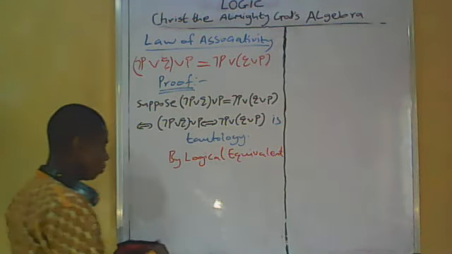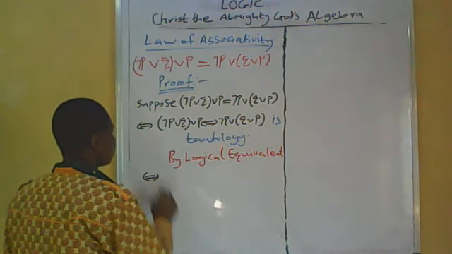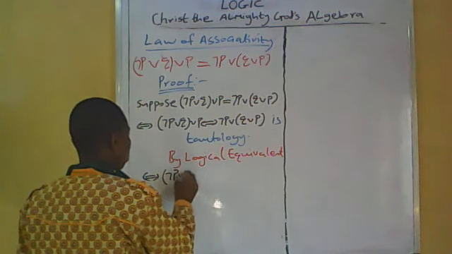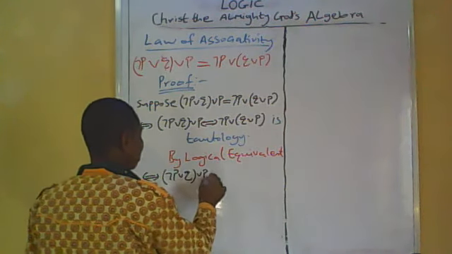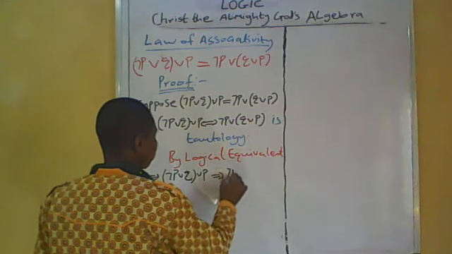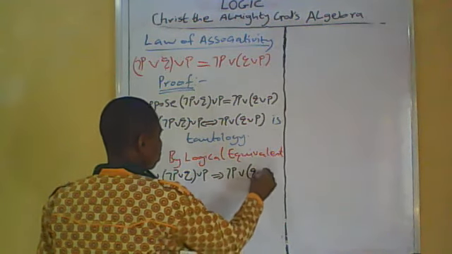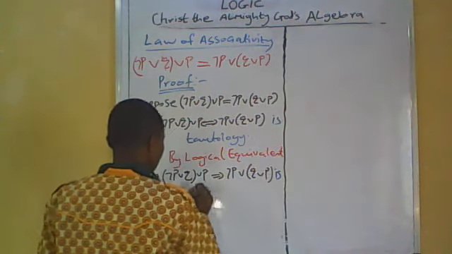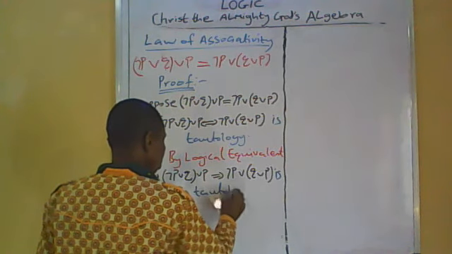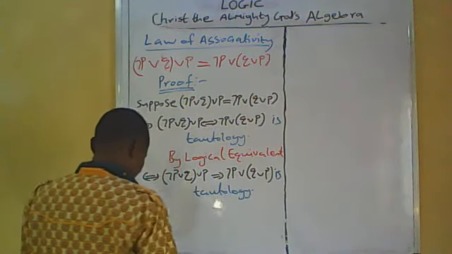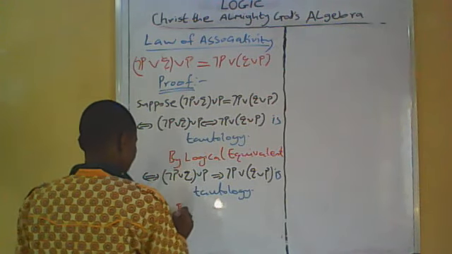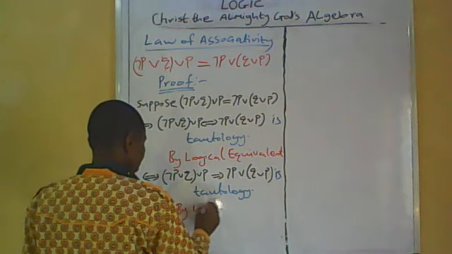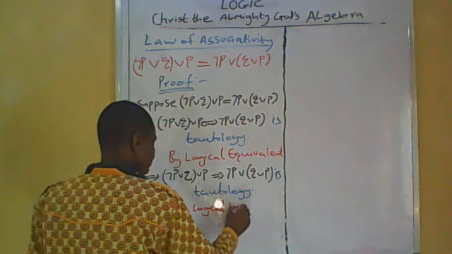So if and only if bracket not P or Q bracket or P implies not P or bracket Q or P is tautology being justified by logical implication.